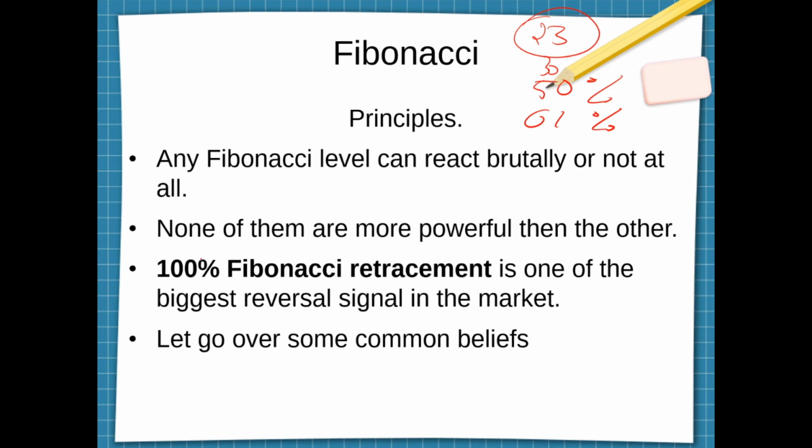Now, 100% Fibonacci retracement, let me tell you something. If you see that, get out. Take the loss. Over time, you will be richer. Trust me. A 100% Fibonacci retracement is not something that happens a lot. But if you see it, don't go ahead and play the hope card. Take the loss, please.